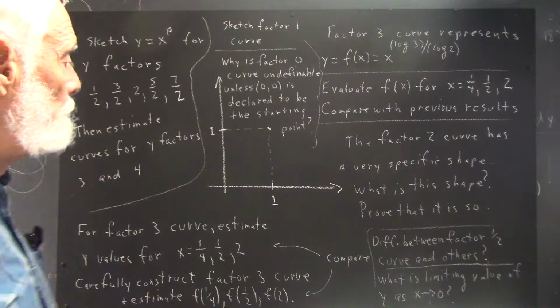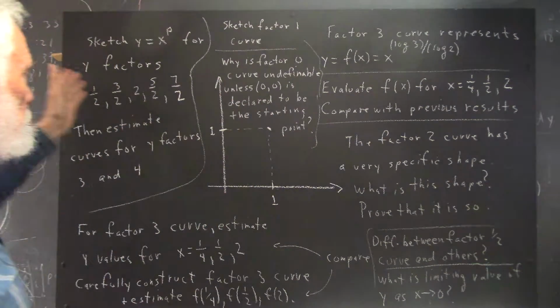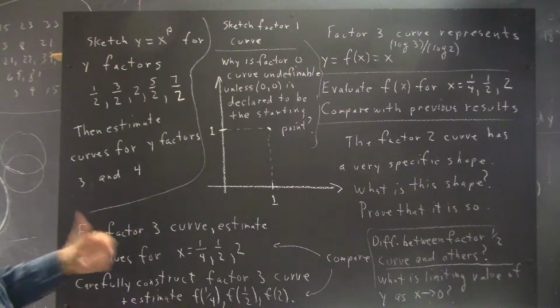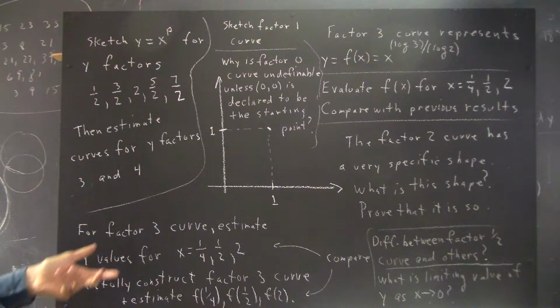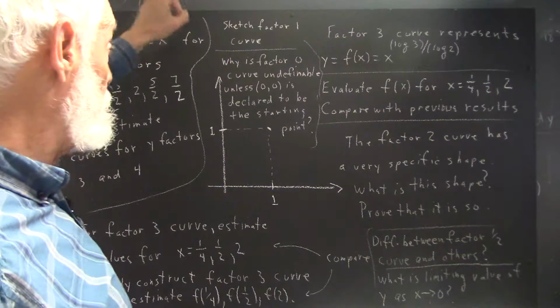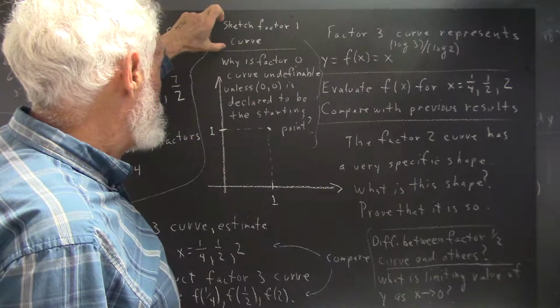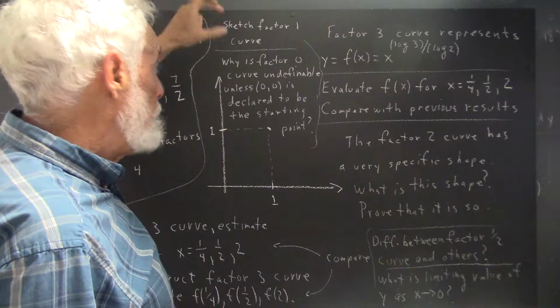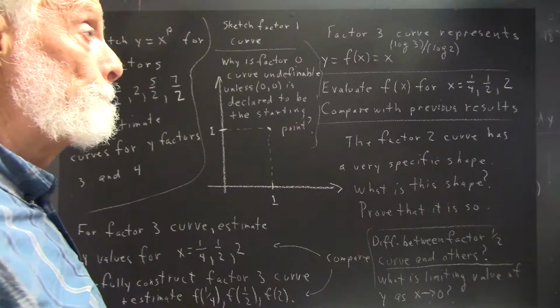Now, to complete our picture here, of course, there are infinitely many values between these fractional values. Some of them are whole numbers and some are irrational numbers and so forth. But one obvious curve that we might want to think about is the factor 1 curve. So if you can sketch the factor 1 curve, it'll show you maybe more clearly how the factor 1/2 curve fits in with all the rest.